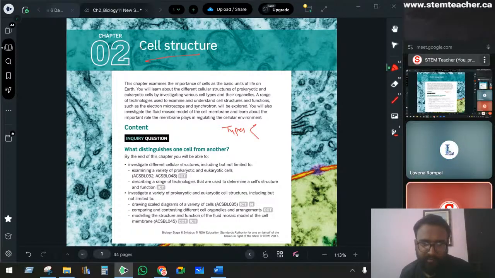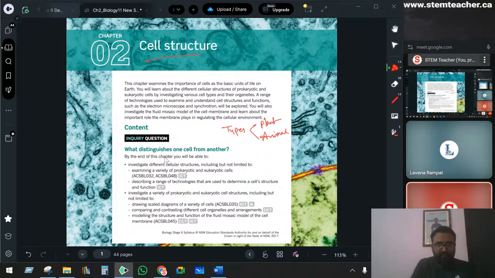One is plant cell, another is animal cell. So we have to see their structure: what are the parts of the cell, and what is the functionality of these cell parts.